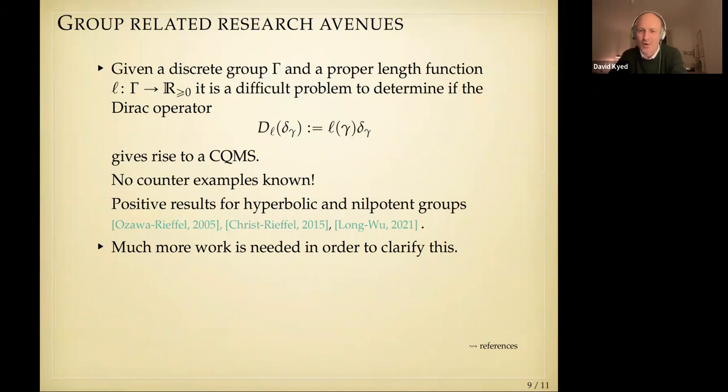I don't really know where the results are going, because it's too premature to say, but clearly one of the things that one would expect is that the class of hyperbolic groups and the class of nilpotent groups have one feature in common, namely being of rapid decay. So one thing that could conjecturally be the case is that if you have a rapid decay group, then this Dirac operator DL should give rise to a compact quantum metric space, but I don't know.